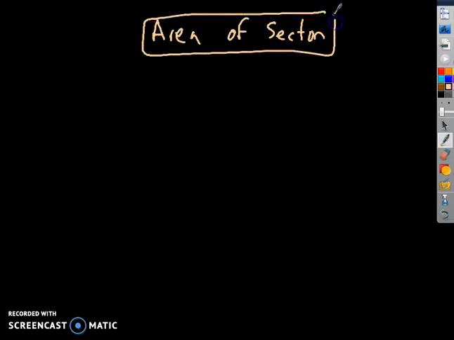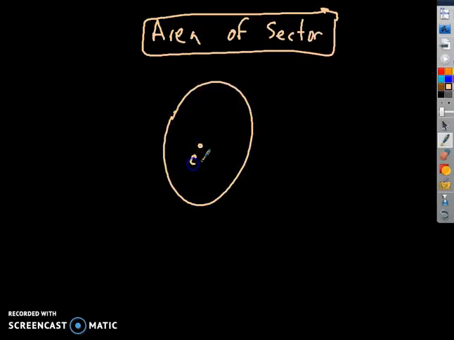All right, and another formula I got to mention to you guys is area of a sector. So after you get all those notes down, get this, area of a sector. Basically, if you have a circle, assume this is a circle, say circle C, and I wanted to find this little shaded region here.